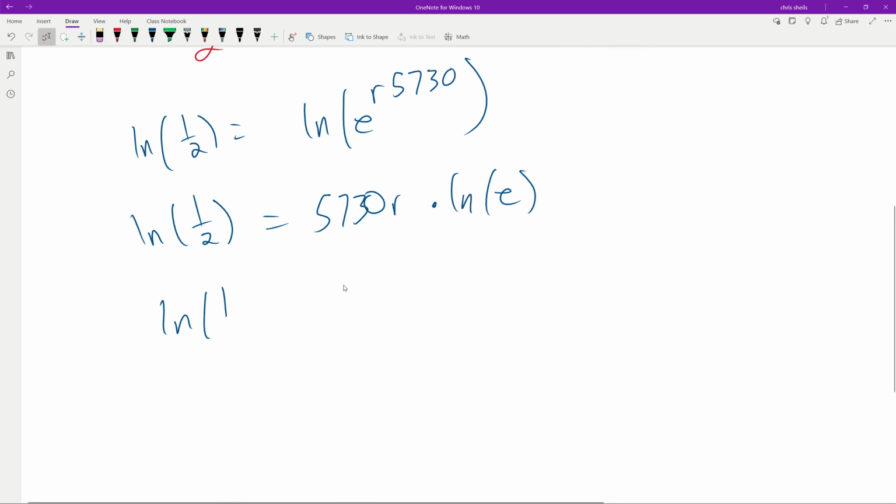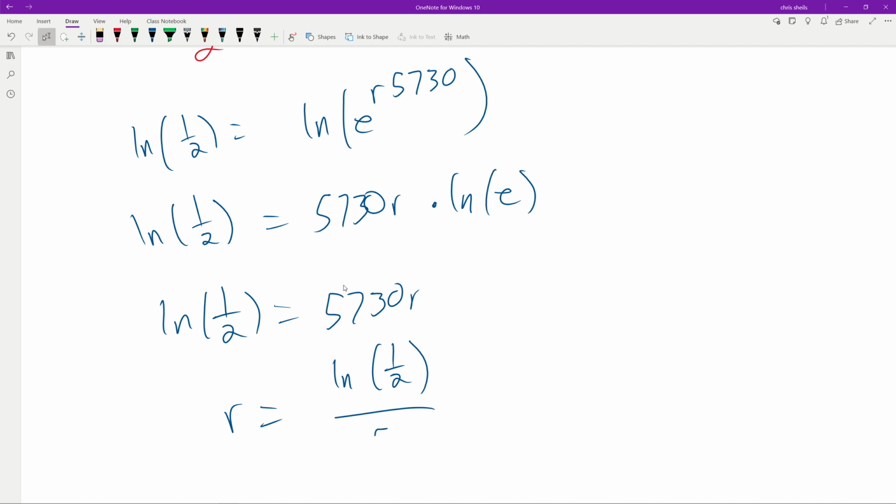This gives me that natural log of 1/2 equals 5730r. And it goes away because anything times 1 is itself. This gives me that r is natural log of 1/2 over 5730. And this is about negative 0.000121.